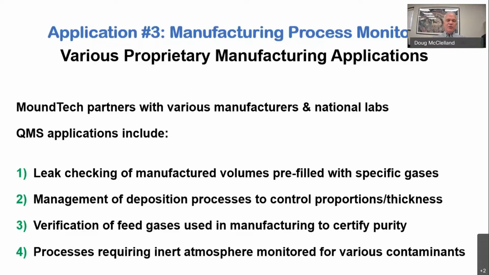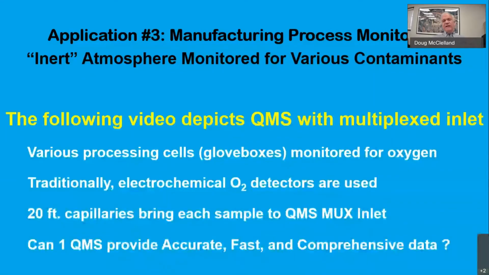And so we're going to take a look here at a video of an engineering study that we've done, sort of an example of how we would look at using the mass spec to monitor not just one, but multiple glove boxes. So we're sharing one resource of the mass spec to monitor multiple glove boxes.